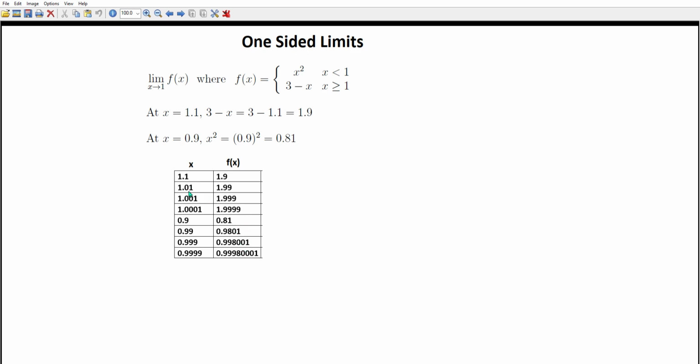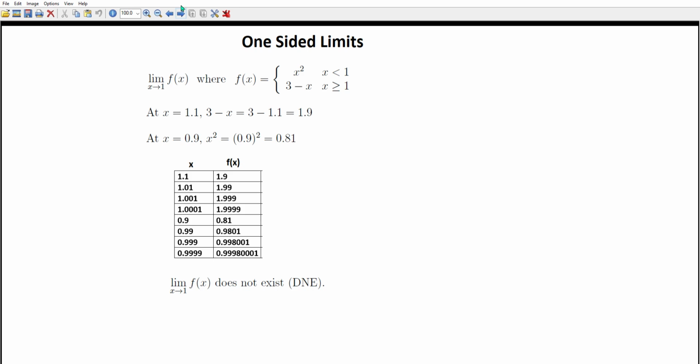Okay, so from the positive side, it looks like the function values are headed to 2. From the negative side, it looks like the function values are headed to 1. That's not one real number. This limit doesn't exist.